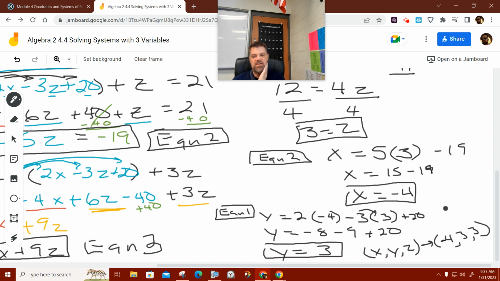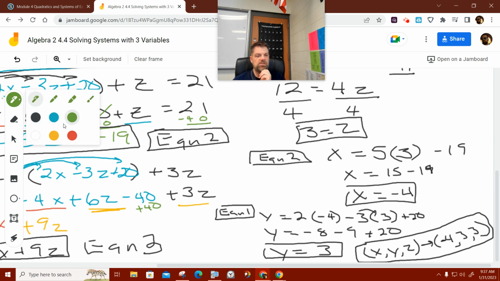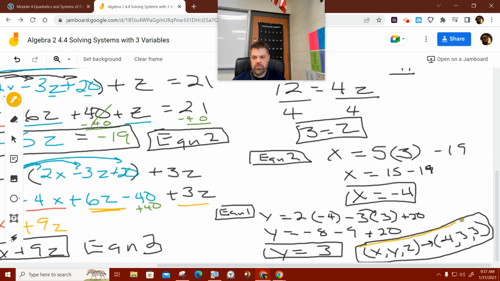That's the answer right there. Actually, let's do that in a different color so you know it's the answer. So we did all that work. So all three of those equations intersect at the ordered triple of negative 4, comma, 3, comma, 3. Whew.